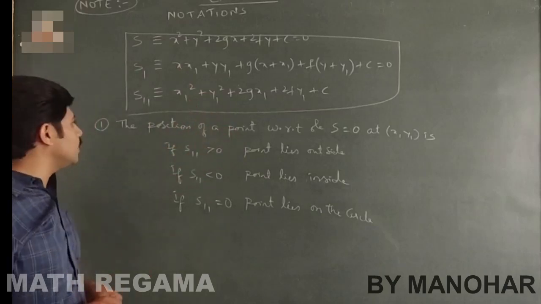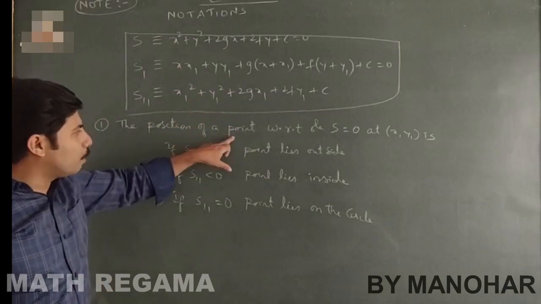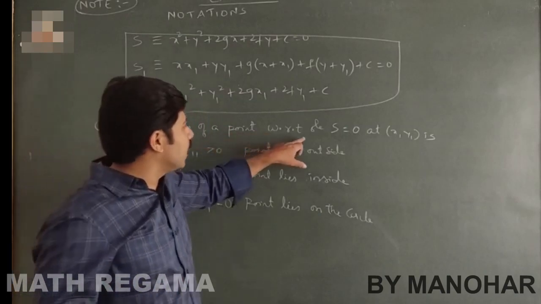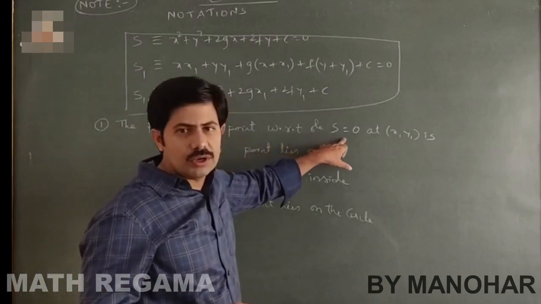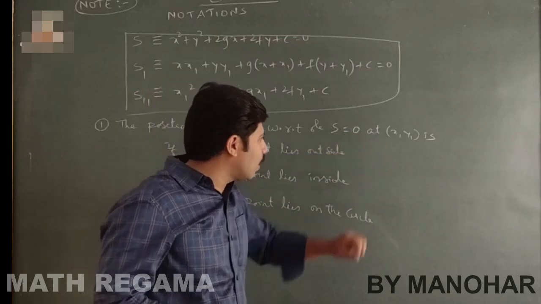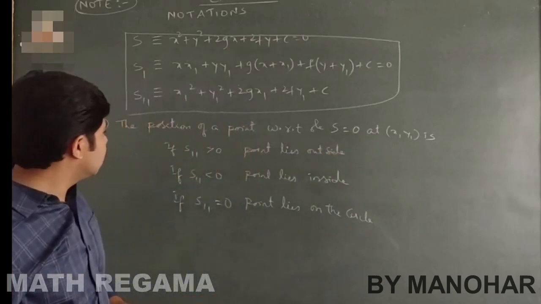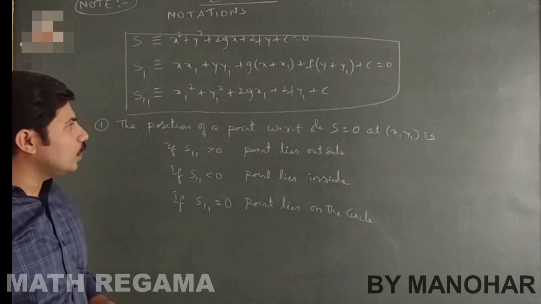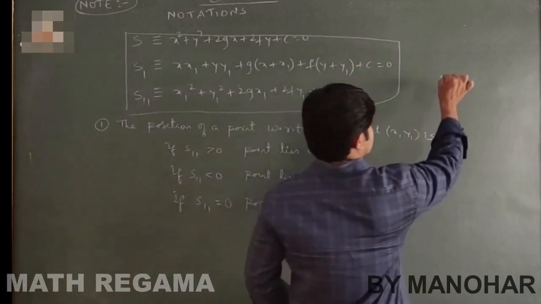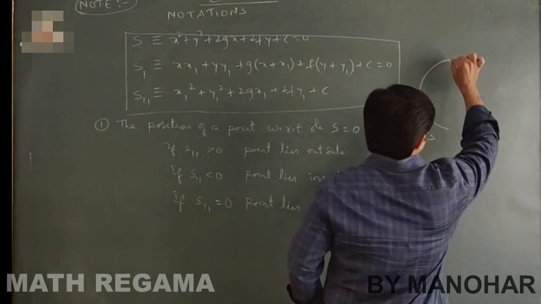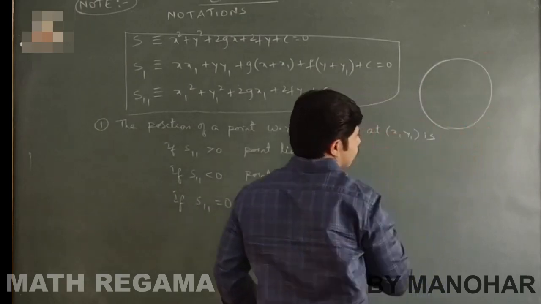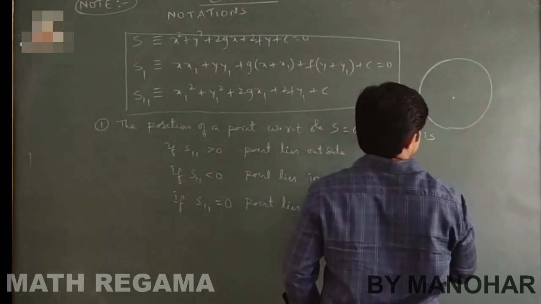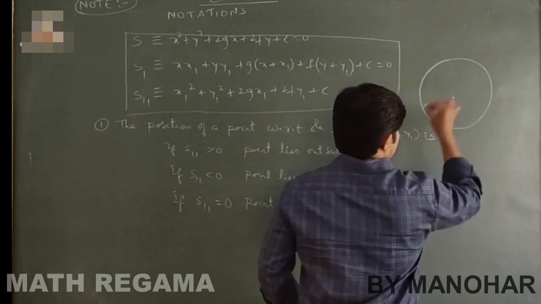So the first one is the position of a point with respect to the circle S is equal to 0 at (x1, y1). See here, the position of a point. So how to represent the position of a point? Suppose you consider a circle. This is the center.